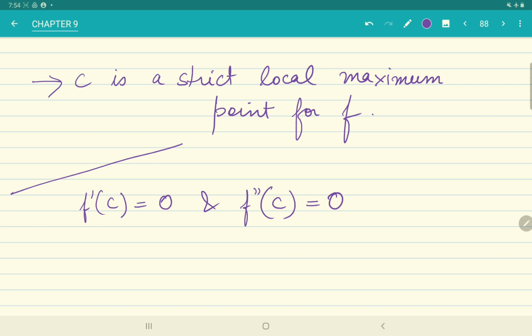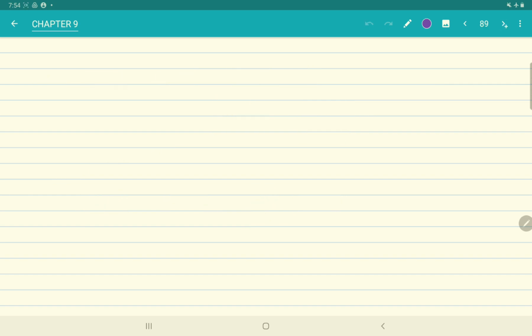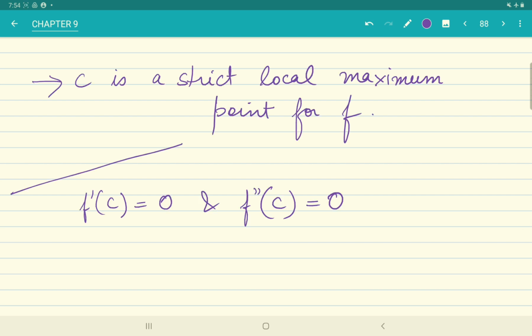For that, I take up three functions. And why do I say anything can happen? That means if we have f prime of c equal to 0 and f double prime of c equal to 0, we can have a local maximum, we can have a local minimum, and we can have neither.